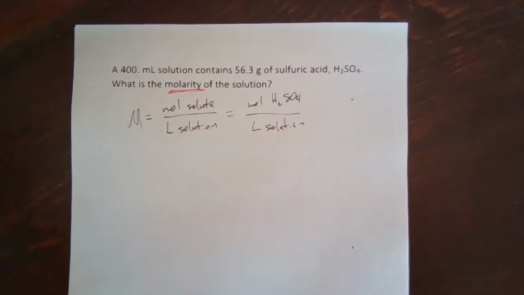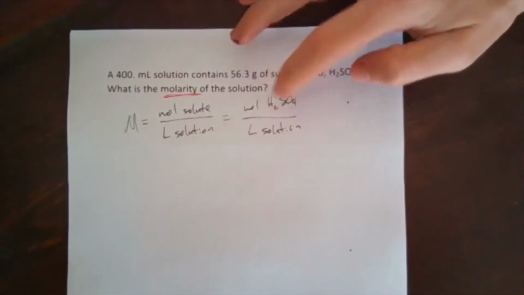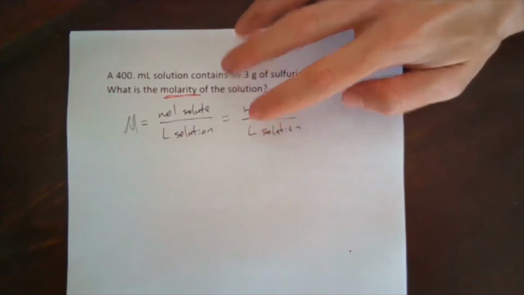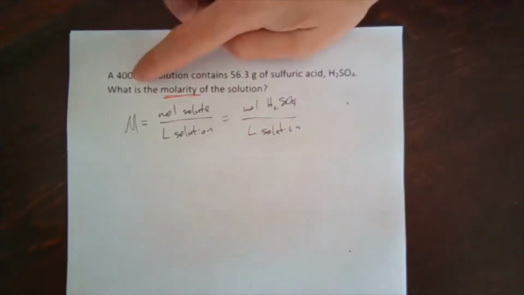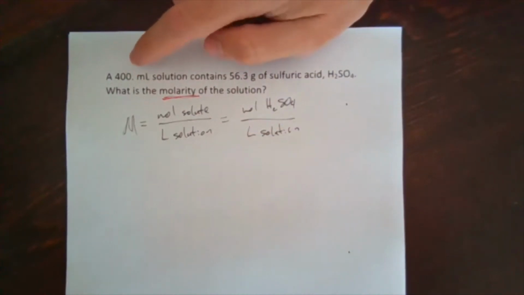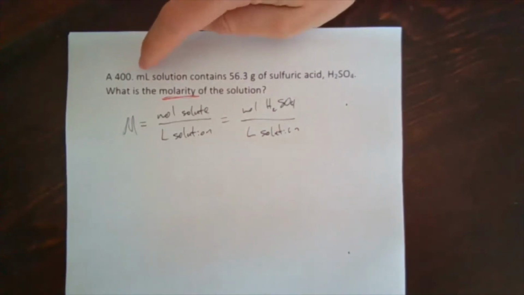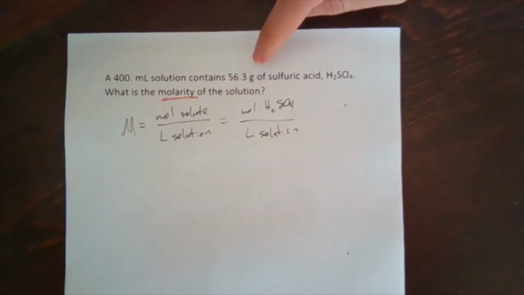So this is a very, very common situation. When we make a solution in the lab, we want the concentration in molarity. That's our most useful description. But we don't normally measure amounts of stuff in moles, and we don't normally measure solution by the liter. 400 liters is already quite a large volume for the laboratory setting, but we are almost always measuring in milliliters, and we always measure our solute masses in grams.